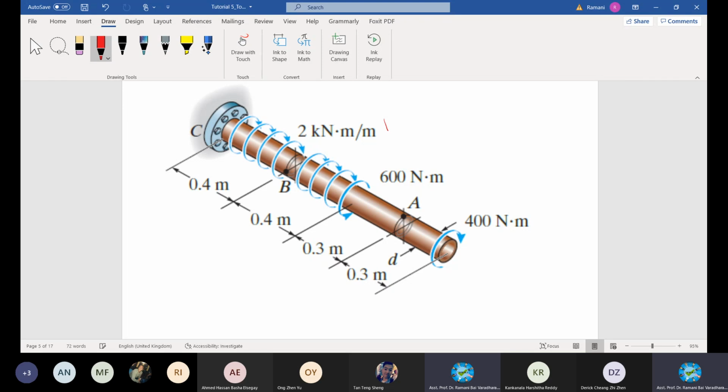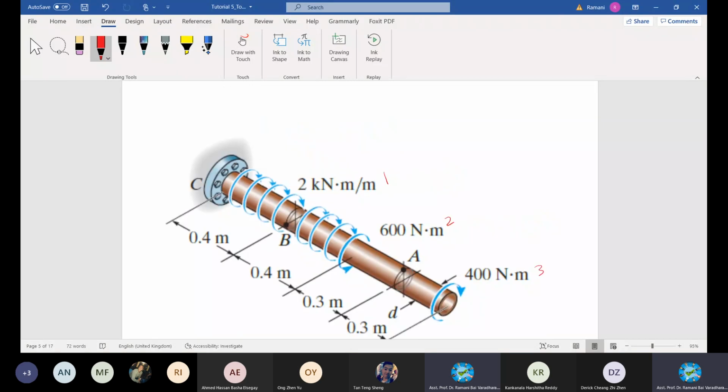This is the first moment, this is the second moment, and there is a third moment. Three types of moments are acting in this. Try to understand the given forces and moments, the locations, and the points where they are acting.